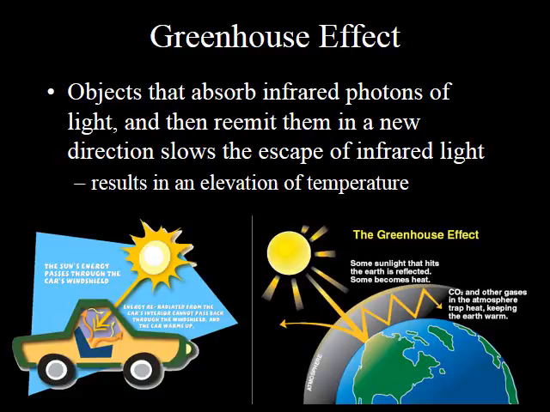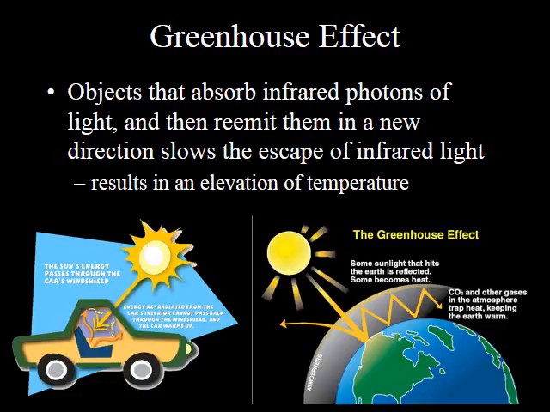That light will heat up the interior of your car, and the hot interior will radiate infrared light. Infrared light can't pass through windows as easily as visible light, so that infrared light gets trapped inside of the car. You physically have to open the door or open the window to let that infrared light escape.